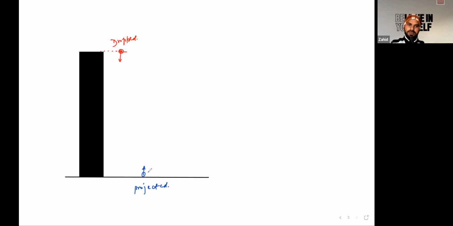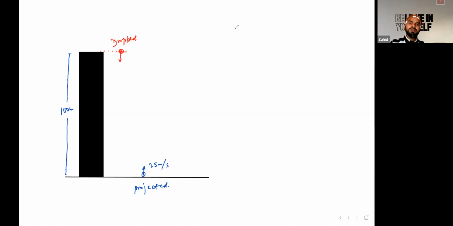Let's say the velocity of this particular object is 25 meters per second. Total displacement from ground to the top initially is 100 meters.